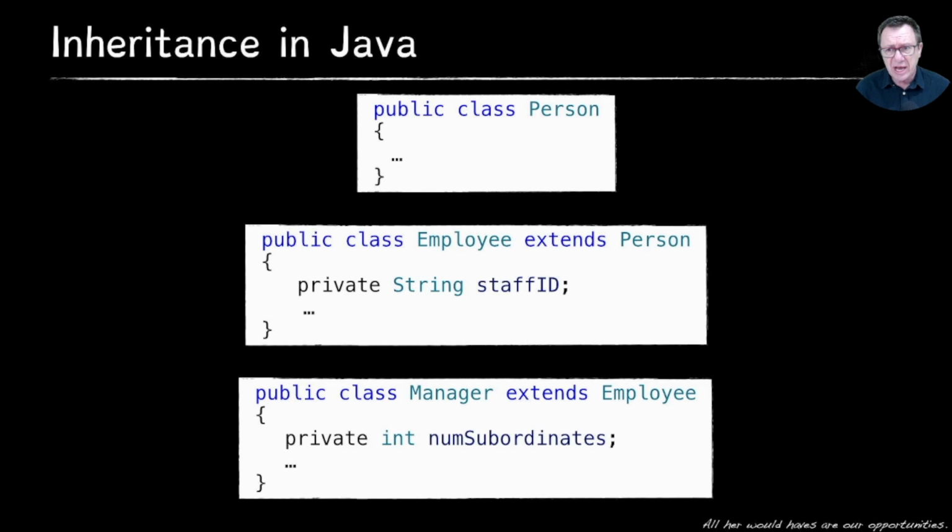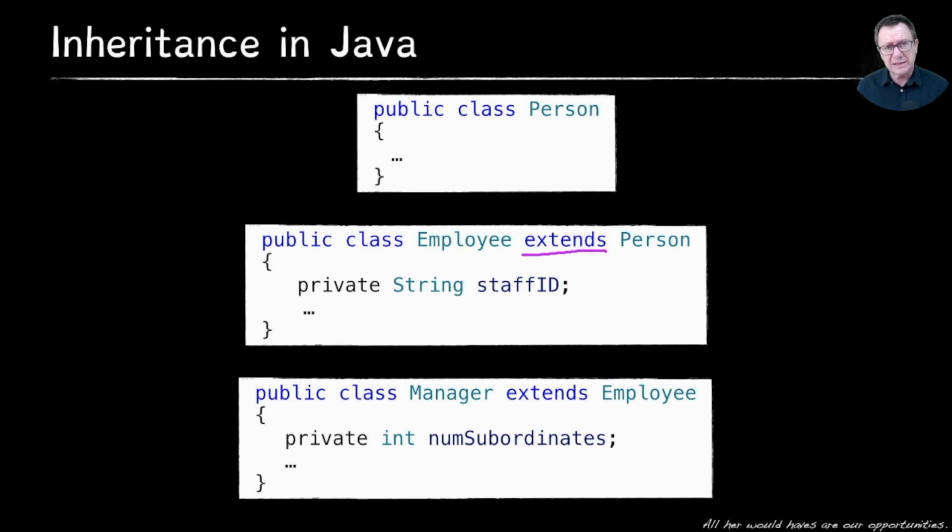When it comes to Java, this is what we're looking at. We've got our public class person, and the body covers all of the class fields, accessors, mutators, etc. They're all embedded in there. Now we have this word extends, and we've seen that. So public class employee extends the person class.